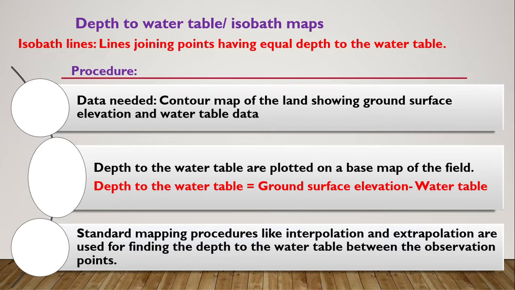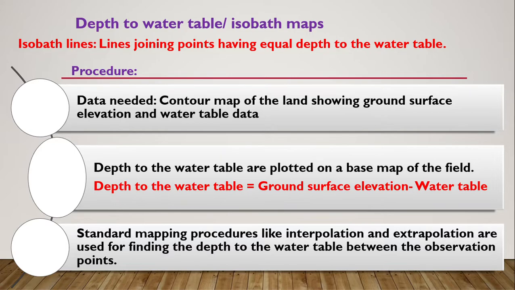Earlier, in the contour map, it was not depth, it was the elevation of the water table, measured from the bedrock. In this case, it is the depth to the water table from the surface of the soil. The map showing all these lines is known as an isobath map.